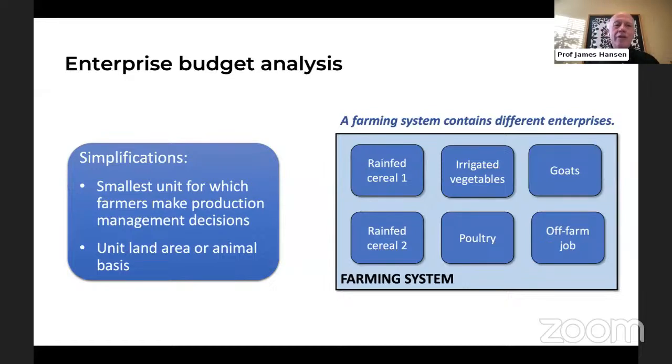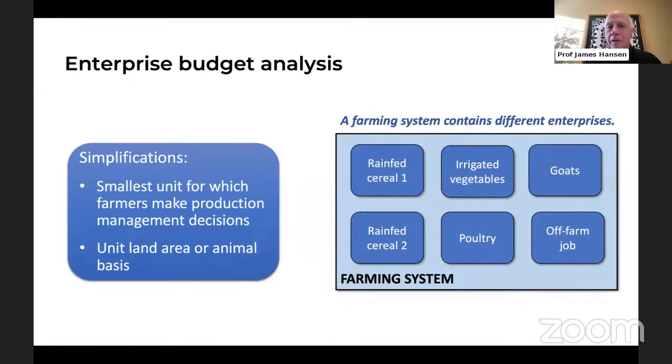An enterprise budget makes some simplifications. First of all, the analysis is done on the smallest unit for which farmers make production management decisions. So when we talk about an enterprise, in this case, we're not talking about a farm, but the smallest activity within a farm that's managed for production and income.